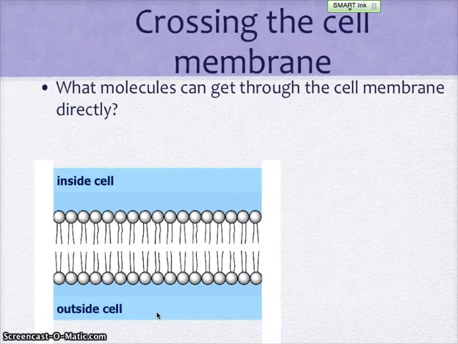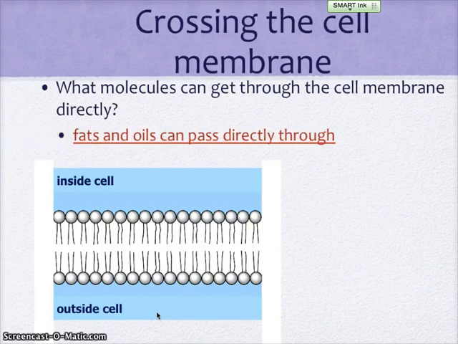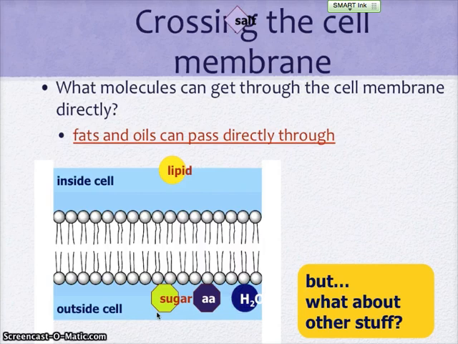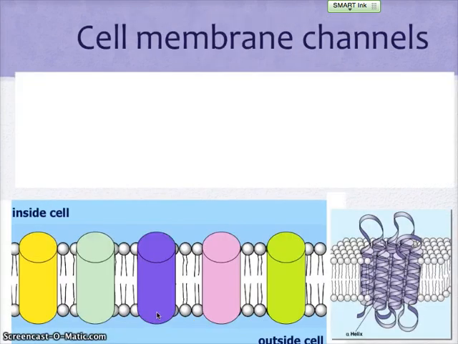What molecules can get through the cell membrane directly? So fats and oils can pass directly through. Well, what about everything else? Cell membrane sometimes has to help out materials to get through the membrane.